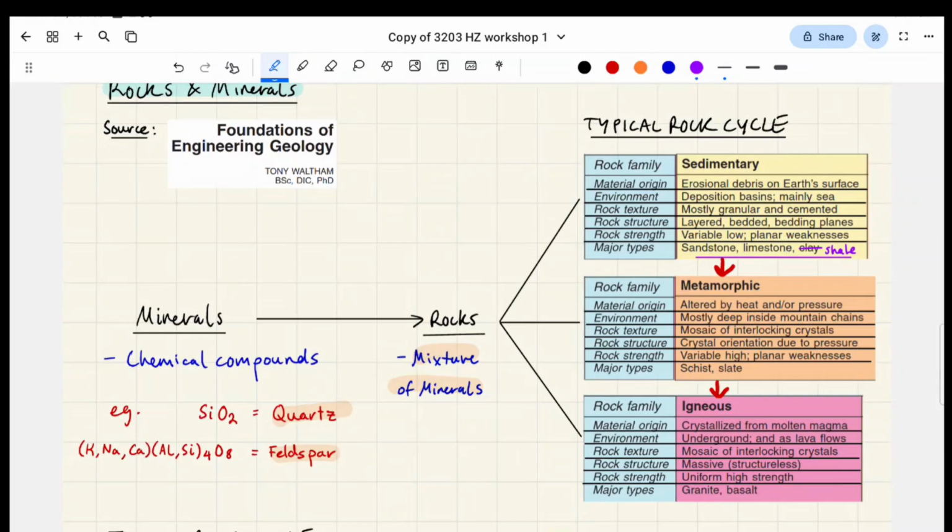Shale is basically your clay or siltstone, right? So instead of sand particles, it's made up of a combination of clay and silt particles. Metamorphic rock, your slate and schist, those are different metamorphic grades of shale, basically. So you start with your shale, which is your sedimentary, essentially mudstone, right?